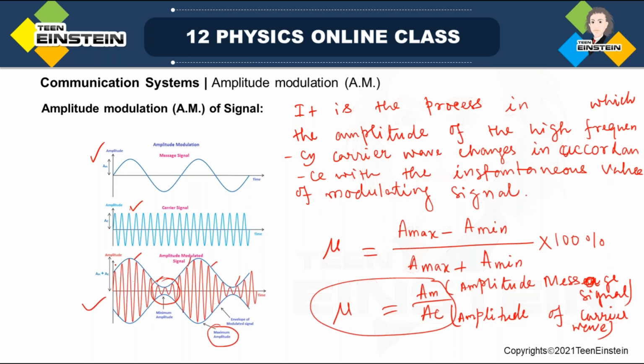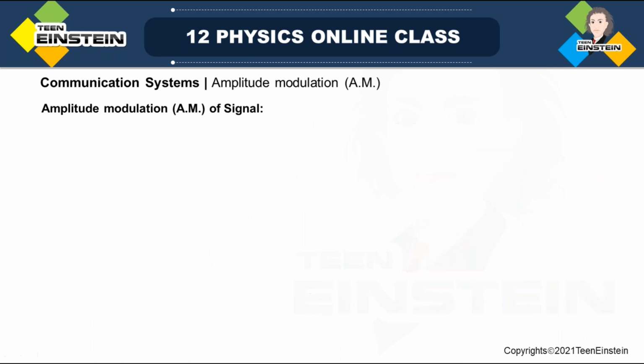See, this is the modulated wave, right? We'll derive an expression for the amplitude modulated wave.